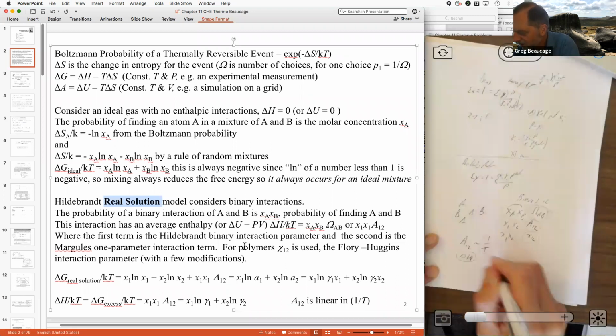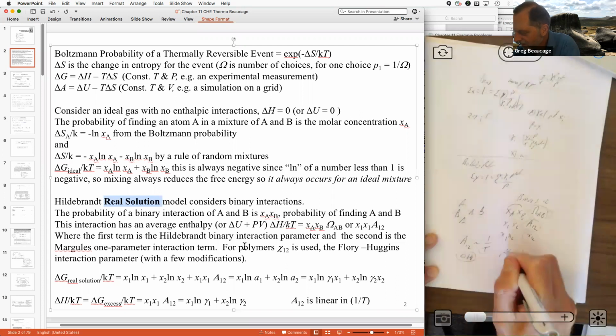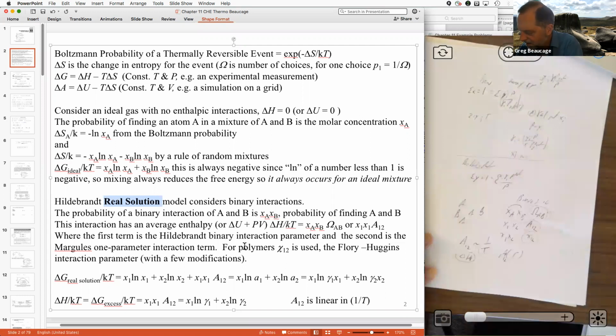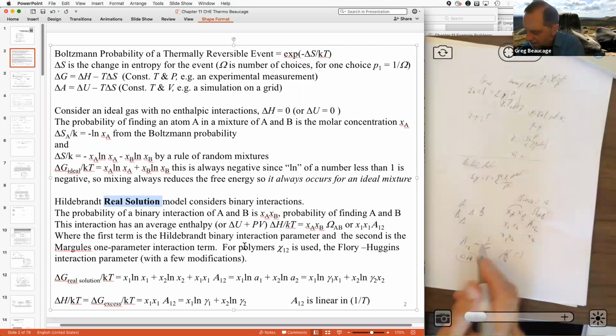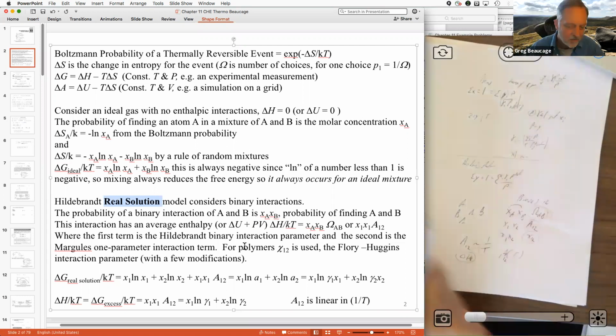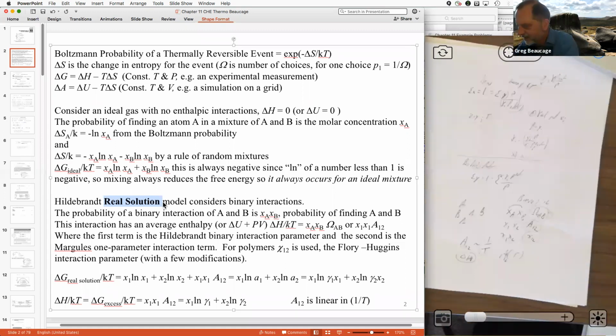A12 is a function of temperature, which kind of makes sense. You think the interactions will be impacted by temperature. Anyway, so basically, that's the expression we're going to be working with. So then, all right, the way this is looked at is this.